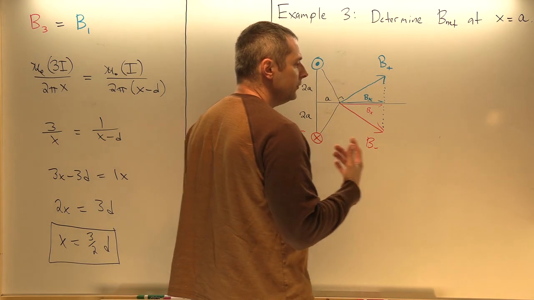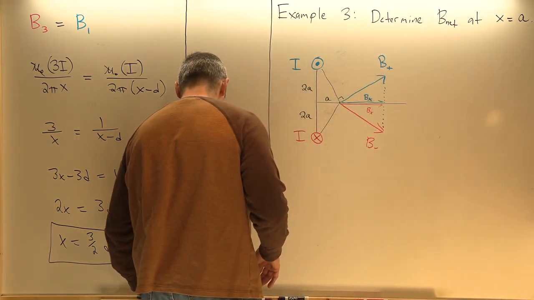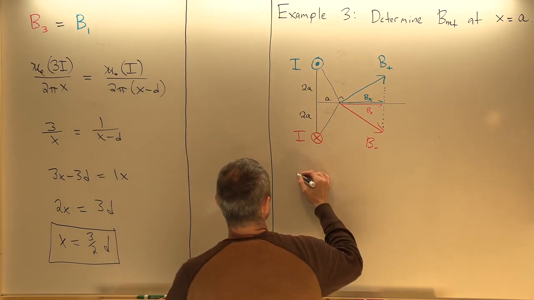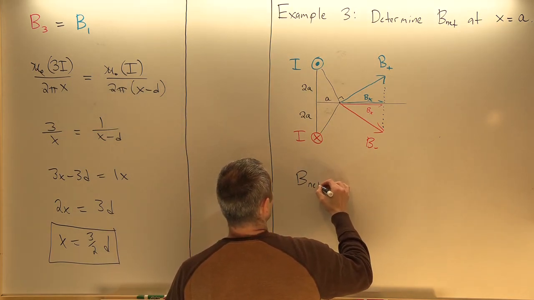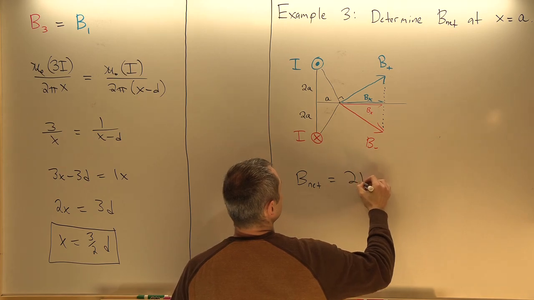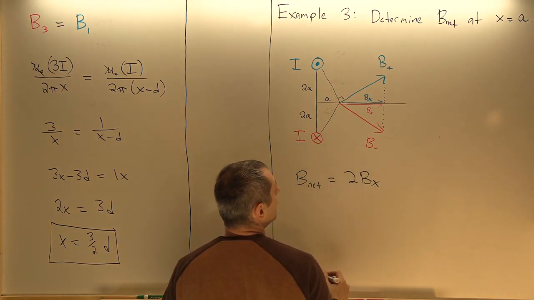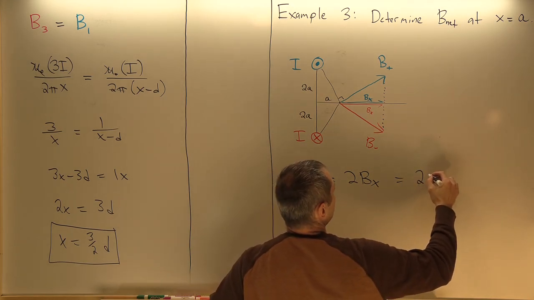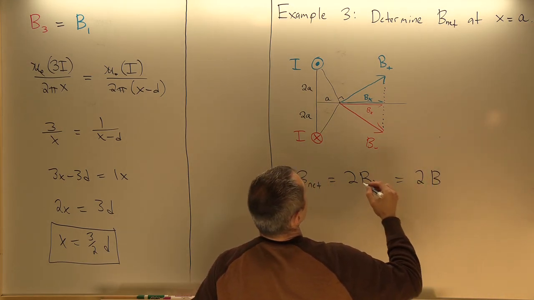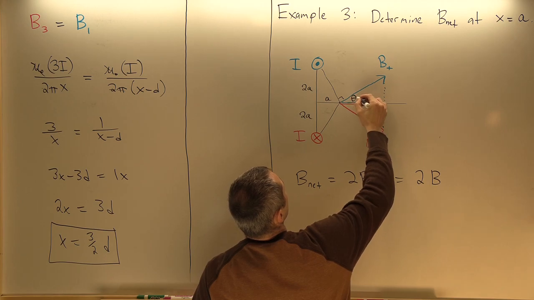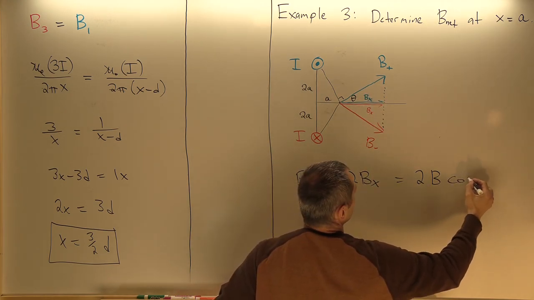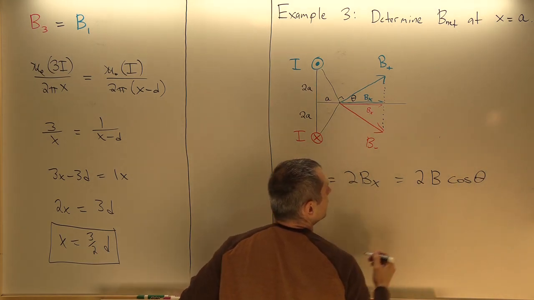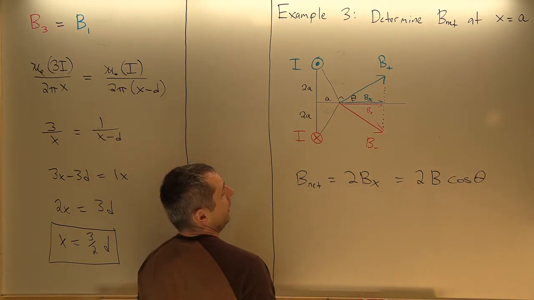So the first thing we can say is that B net is equal to 2 Bx component, which, if you just use trig, is the hypotenuse, and if I put a theta here, I'll multiply by cos theta.